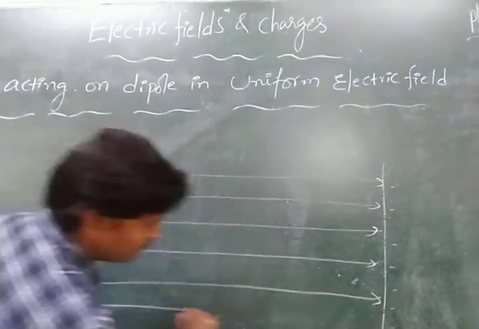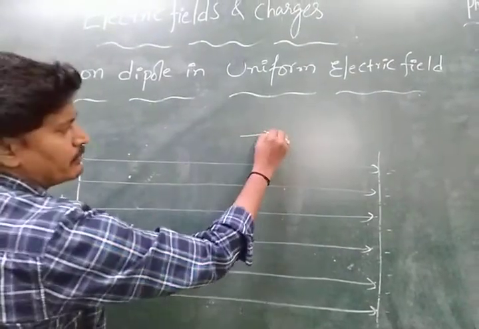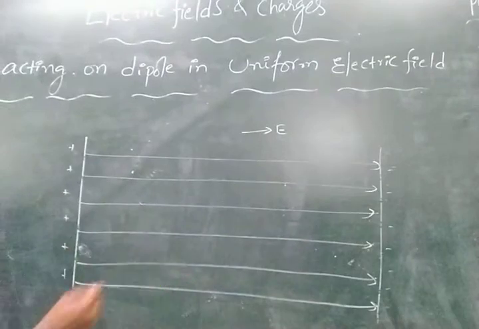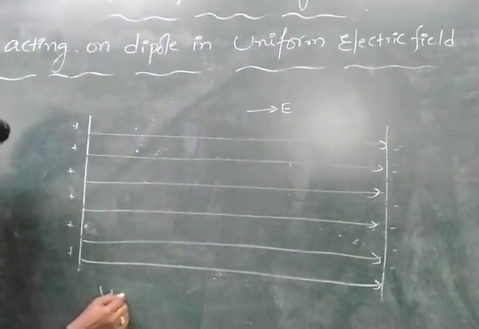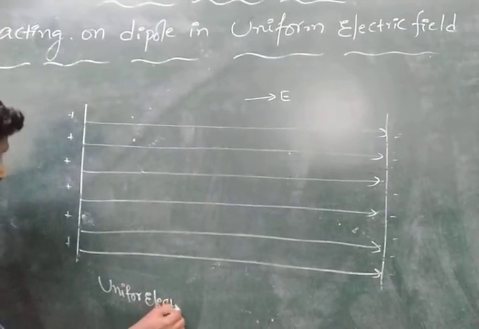The direction of the electric field is from plus to minus. So this is a uniform electric field.